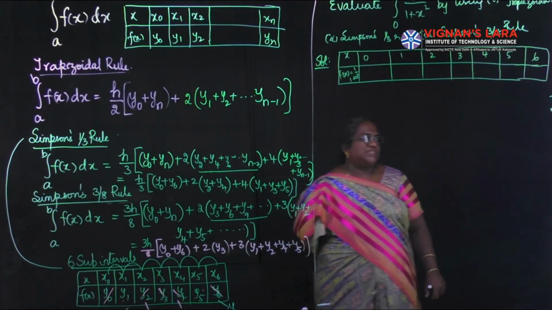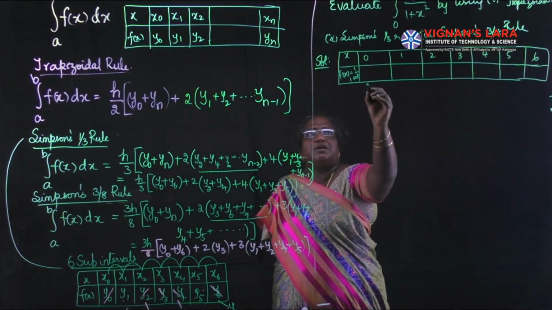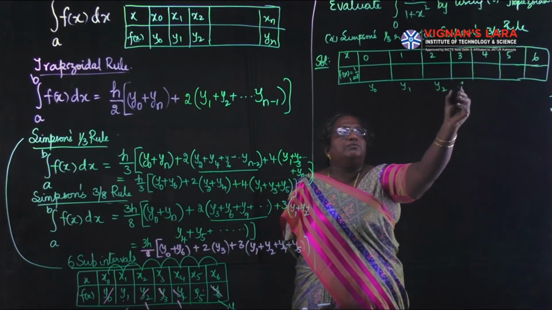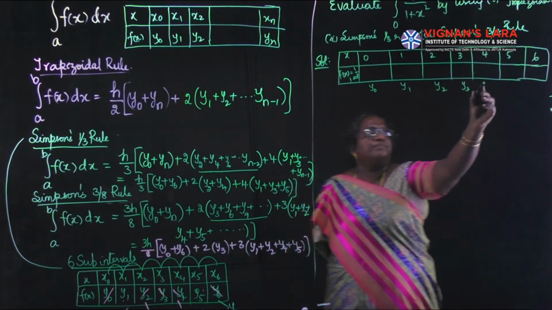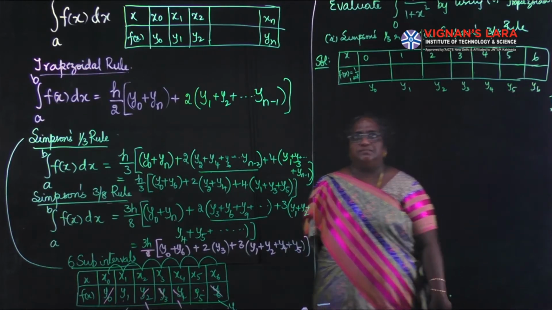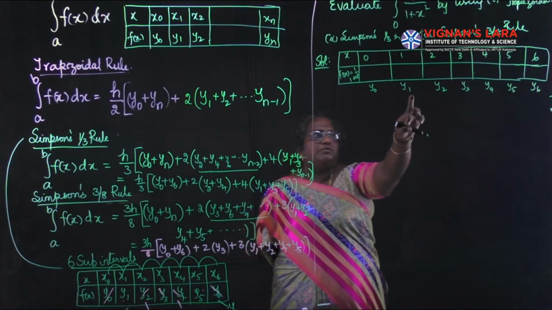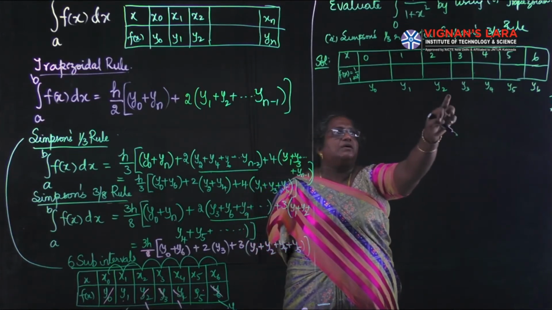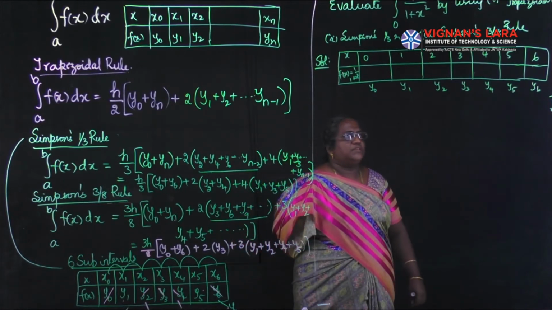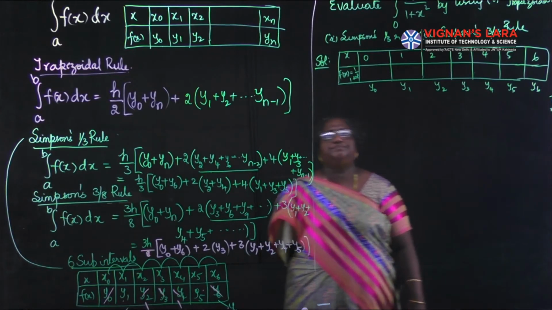So x0, x1, x2, x3 up to x6. Correspondingly this is our y0, y1, y2, y3, y4, y5 and y6. Corresponding to x0 it is y0, corresponding to x1 it is y1, and so on. Corresponding to x6 the value is y6.